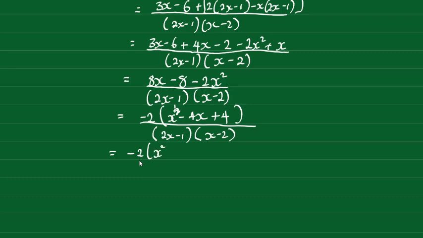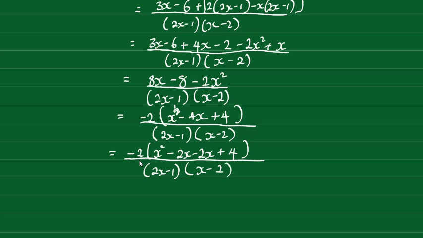Hence, having this at the back of our mind, we proceed and we have -2(x squared minus 2x minus 2x plus 4) divided by (2x minus 1)(x minus 2). Having done this, we factor out x from x squared minus 2x, and we have x(x minus 2).